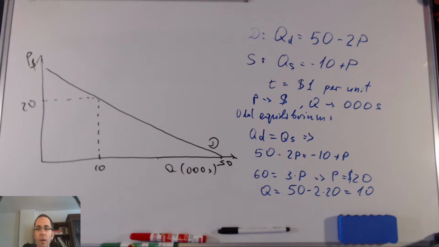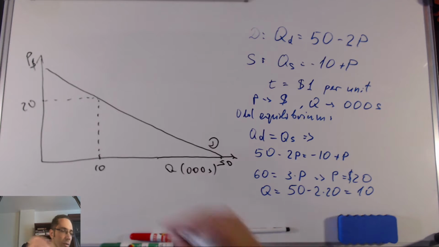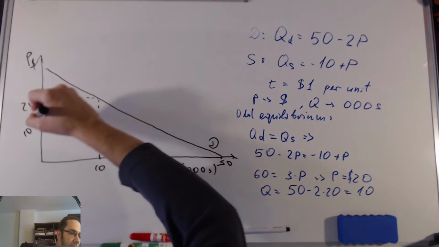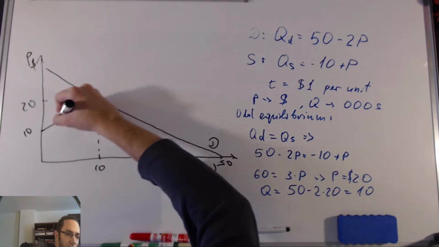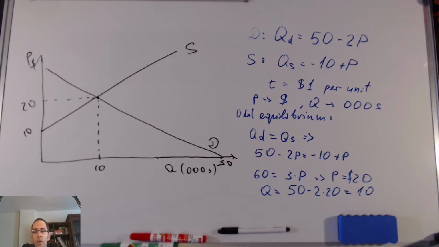And if the price would be 10, the quantity supplied would be 0, according to this equation. So let's say over here we'll have a 10. And connecting these, okay, this is my original supply, S0.